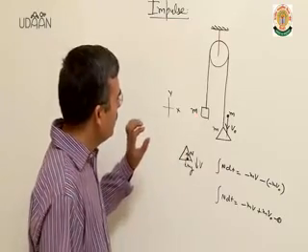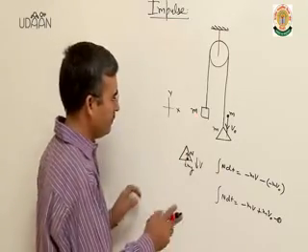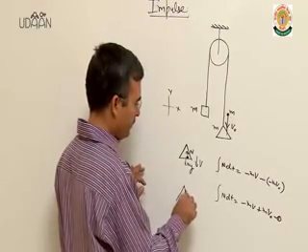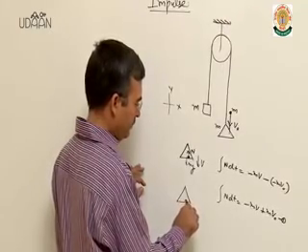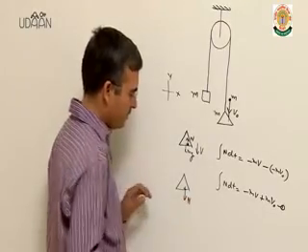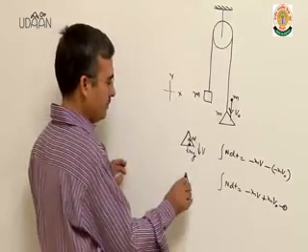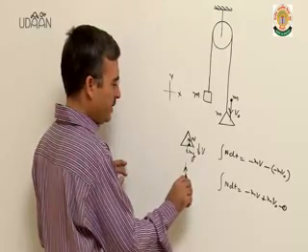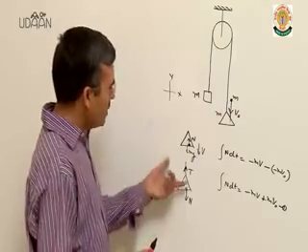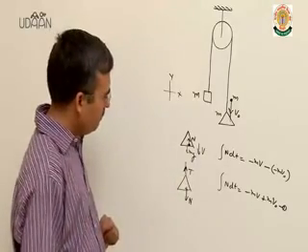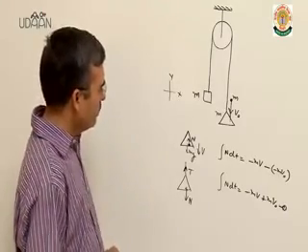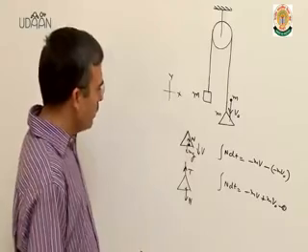Let us think about the pan. In the case of the pan, the normal reaction acts downward, tension increases, and the impulse of tension is also acting there vertically up, and the impulse of the normal is vertically down, and the pan is going downward.